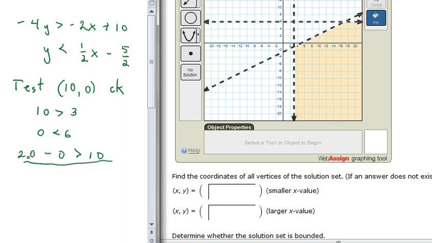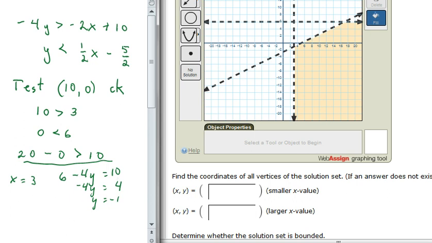So if x equals 3 and I substitute that into the third equation, or it's an inequality now, but I'm going to change it to an equation, I'll get 2 times 3 is 6 minus 4y equals 10. Negative 4y will equal 4, and y equals negative 1.